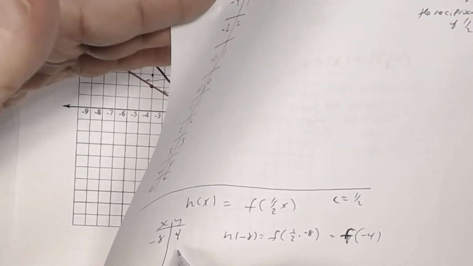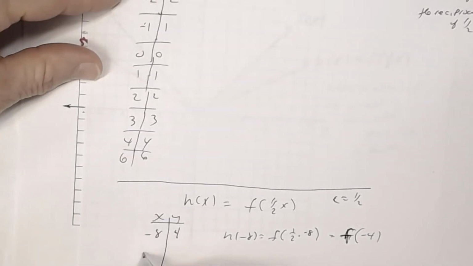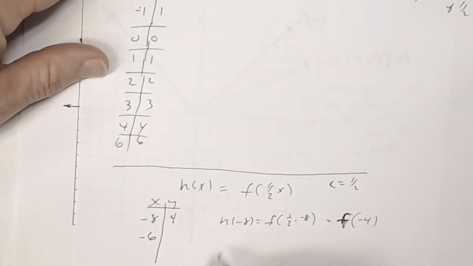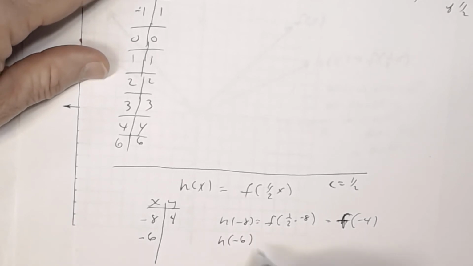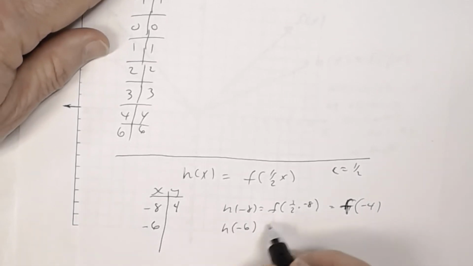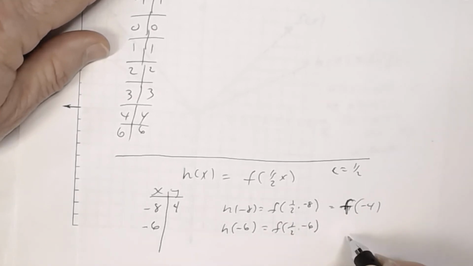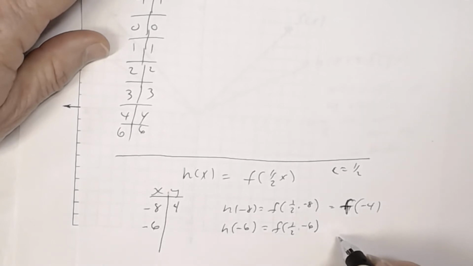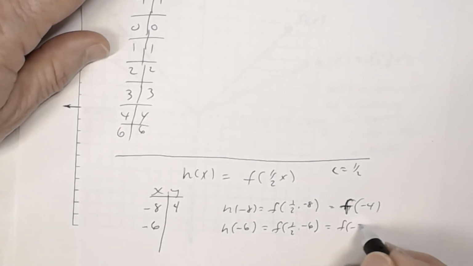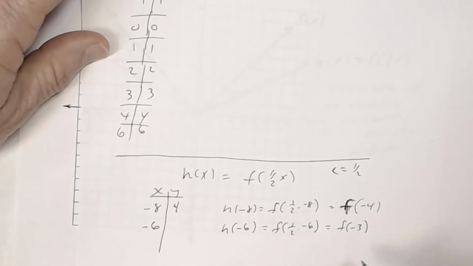So suppose we had x equal to negative 6. Then we want to find h of negative 6. So that becomes f of 1/2 times negative 6, which is f of negative 3. Well, do I know what f of negative 3 is?